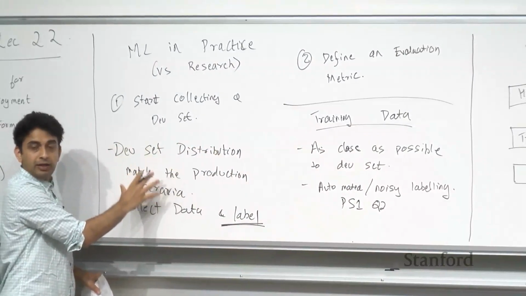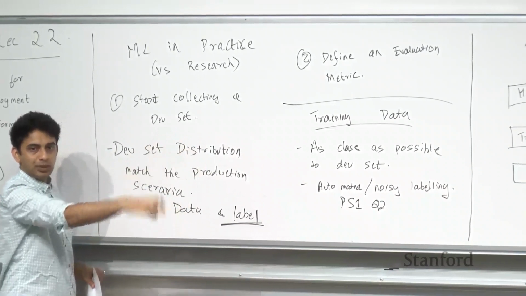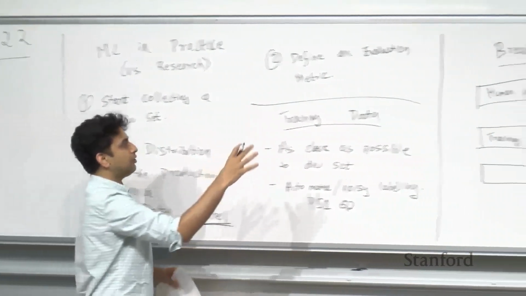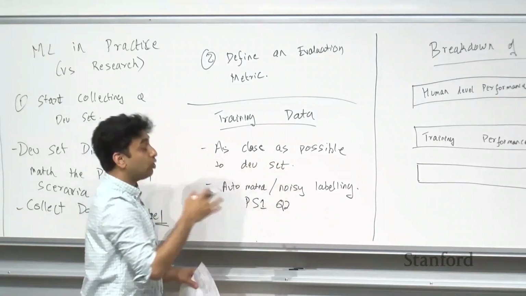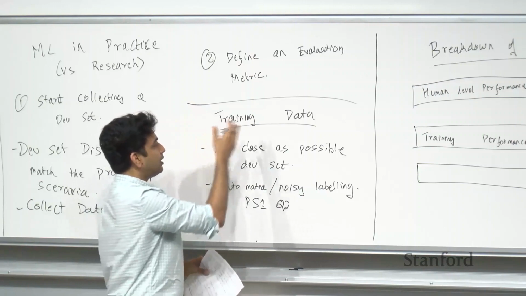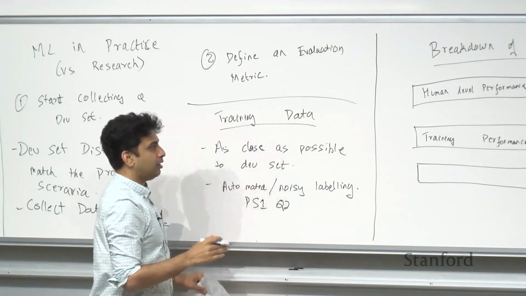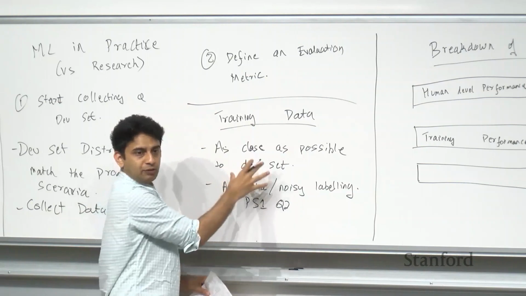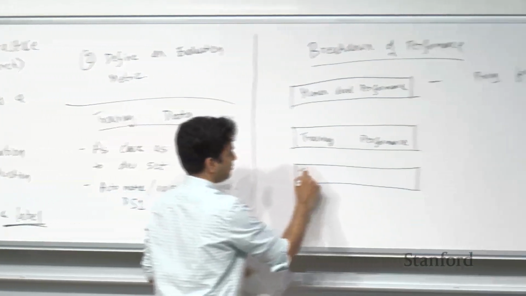The goal of the dev set is to mimic the deployment scenario as well as possible. But you probably don't want to use all your training data for fitting the model. So within the training data that you've labeled, possibly with automated labeling, you still want to hold out a fraction of it, and let's call it the train dev set. Right?